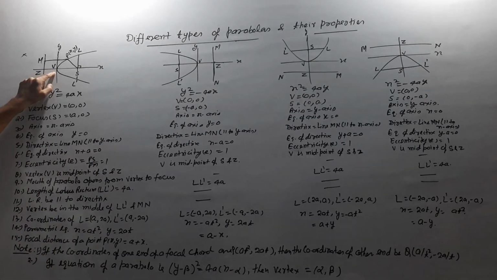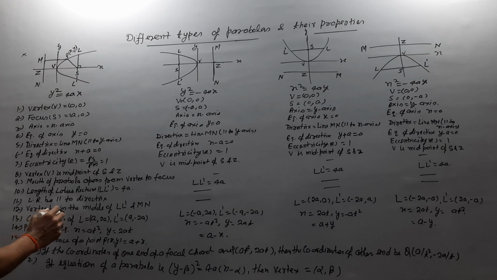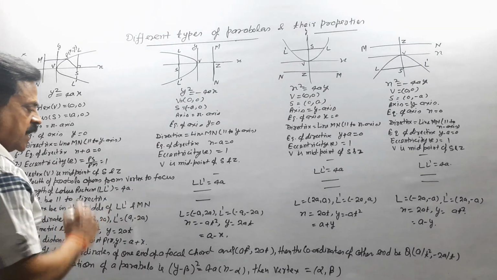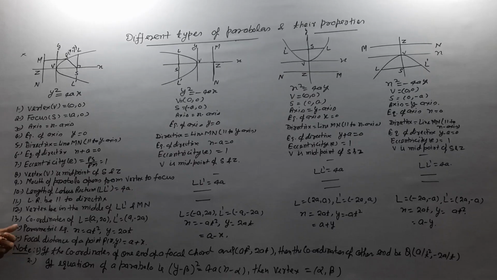Vertex is this point, L dash is this latus rectum, MN is the directrix. So B is always the midpoint of L dash and MN, and in all 4 cases this remains the same.